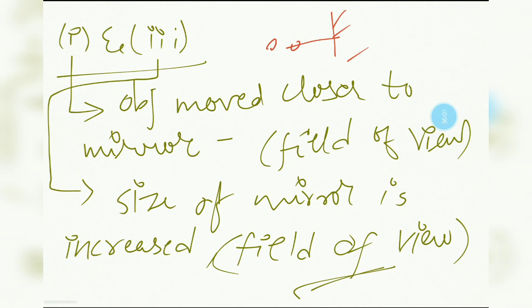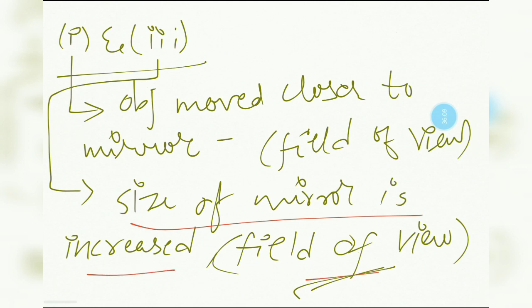Now we will see the third question. Size of mirror is increased. If the size of the mirror is increased, then what is the field of view? That means the initial mirror was this much and he increased it, maybe in some ratio. Then what is the field of view? How is it going to be, he is asking us.